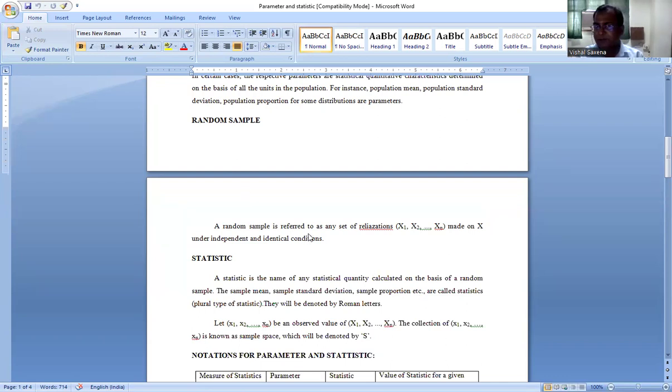So a random sample is any set of realizations made on X. X is the notation used to represent a random variable, and a random variable shows a variable whose value is not fixed; it will be in a variable, random form.